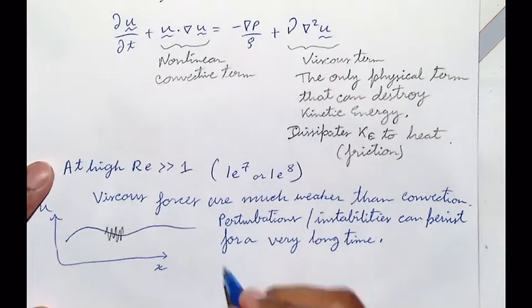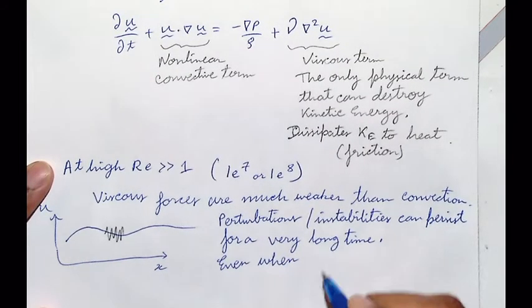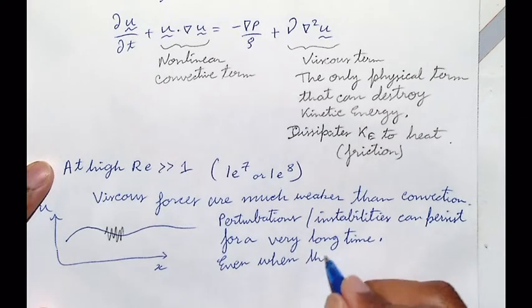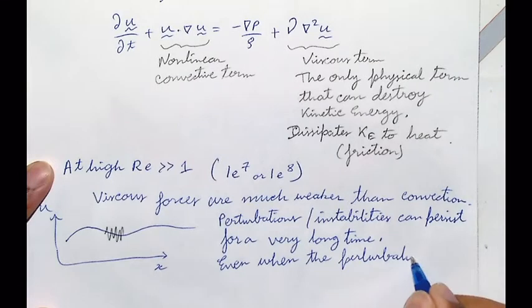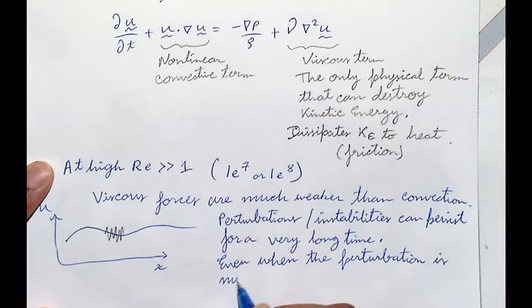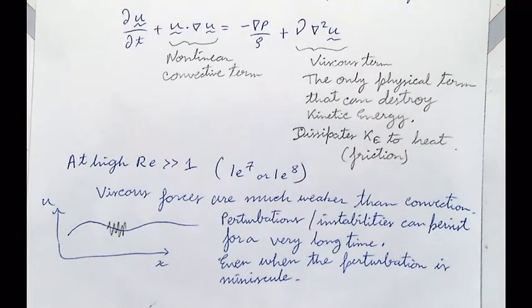And this can happen even when the perturbation introduced is minuscule. Okay, and it turns out that even small perturbations can actually grow very quickly because there's nothing to stop their growth.